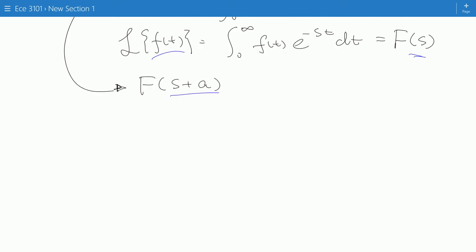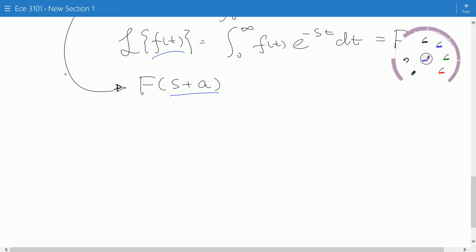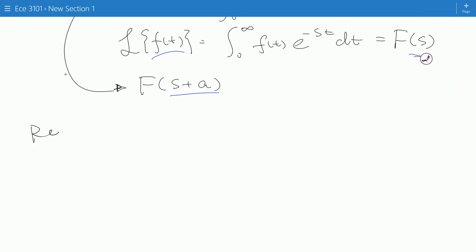What others can we think of? We have in fact seen what we call the real shifting property earlier, and it works like this. Let's assume we have a function and we only care about its behavior from time 0 to infinity.